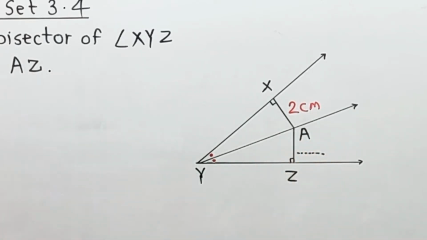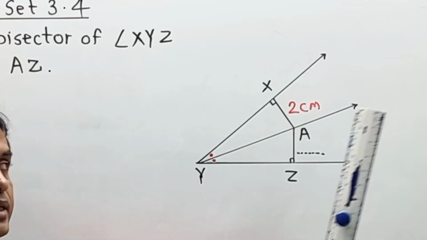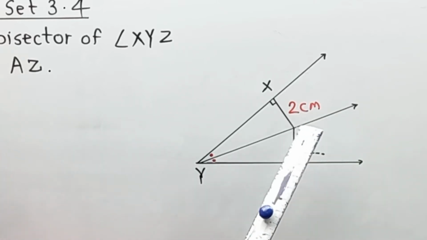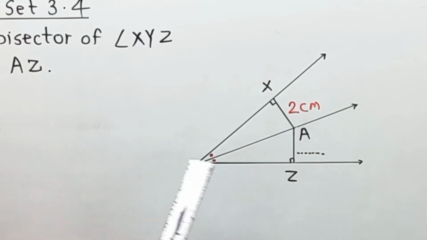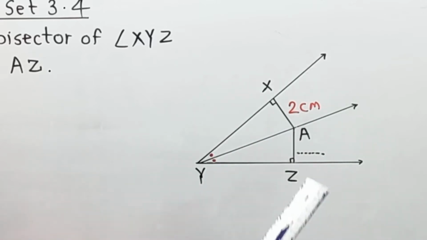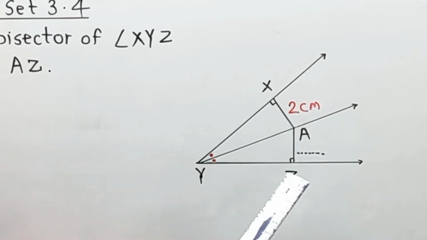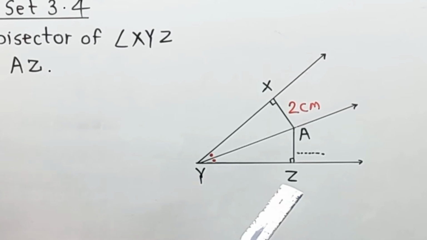Now please pay attention. We have completed one property of angle bisector: every point on the angle bisector is equidistant from the sides of the angle. Which means if AX is perpendicular and AZ is also perpendicular, then AX must be equal to AZ.